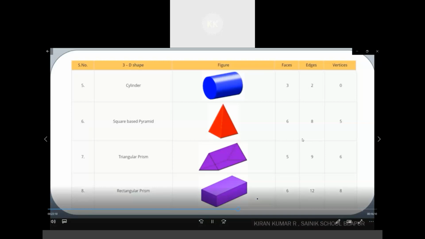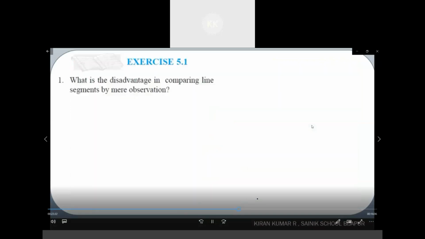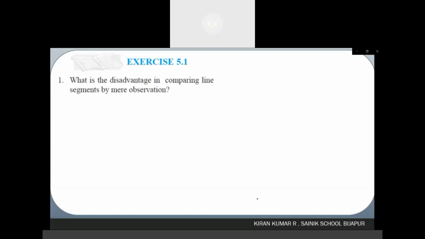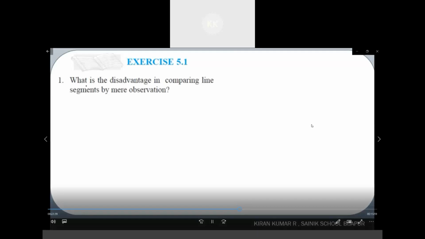I am taking exercise 5.1. Let's see the first question. What is the disadvantage in comparing line segments by mere observation? By mere observation, we cannot be absolutely sure about the judgment.